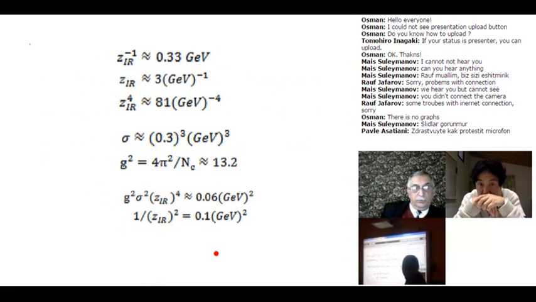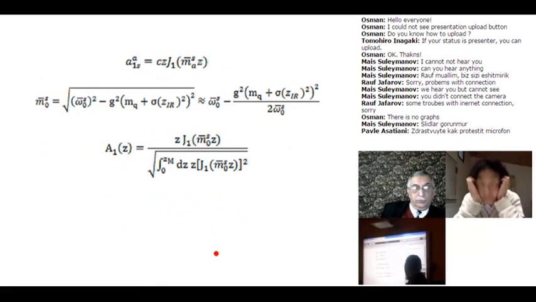So in this limit we can solve it. The solution is again a Bessel function, but here the mass includes the condensate term also, and we can write it approximately.